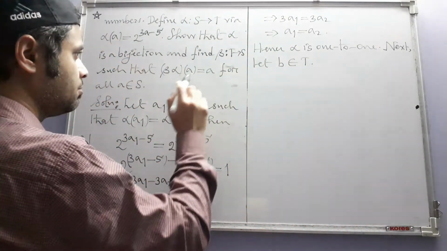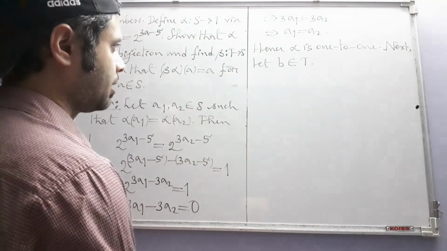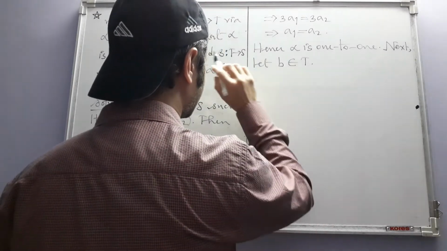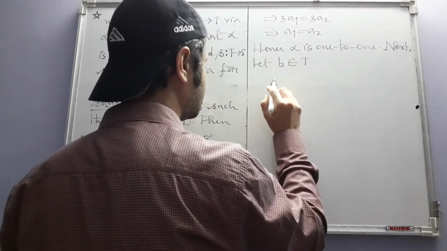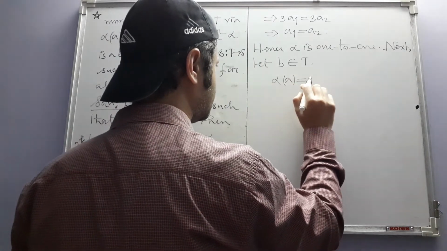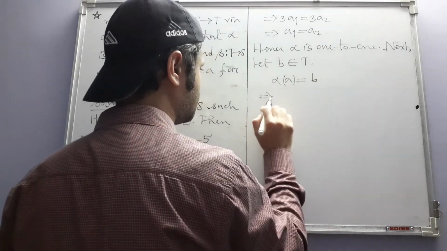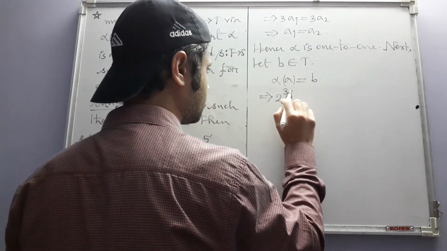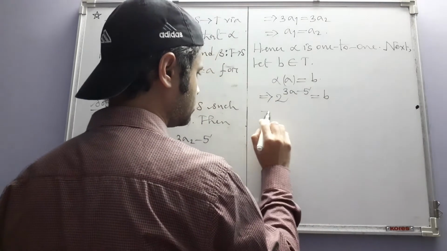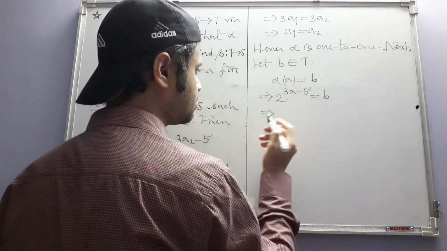So like before, we want to find an inverse image for B under the function alpha. So if that inverse image is A, we want this. That means we want 2 to the power 3A minus 5 equal to B. Solve this for A.